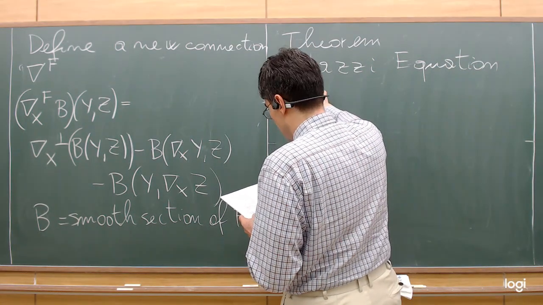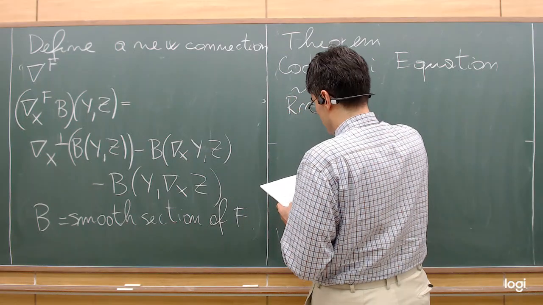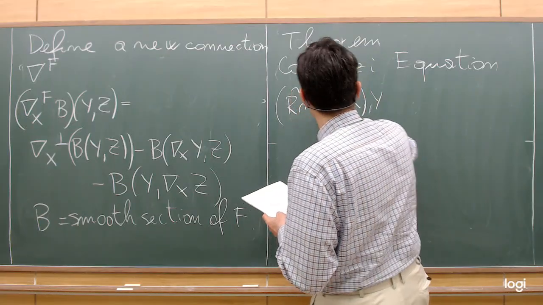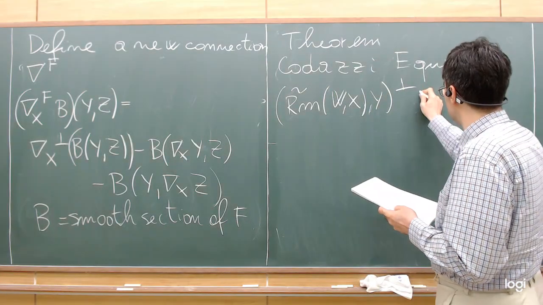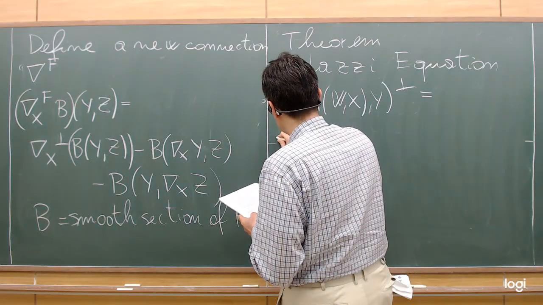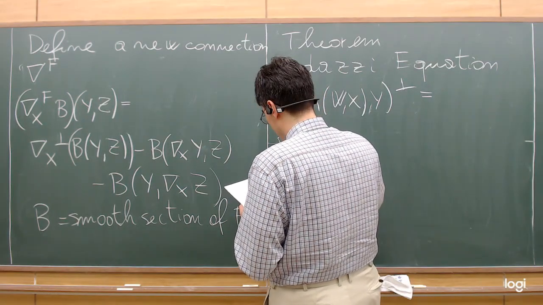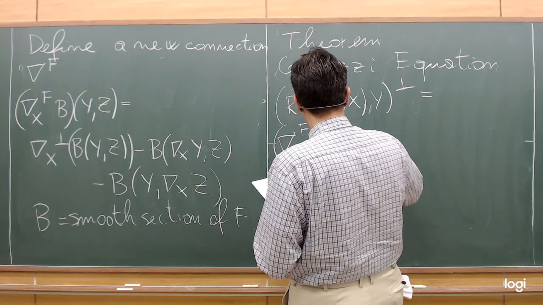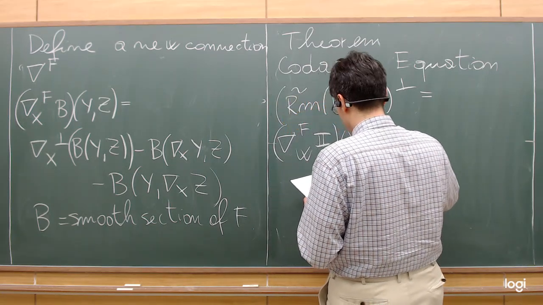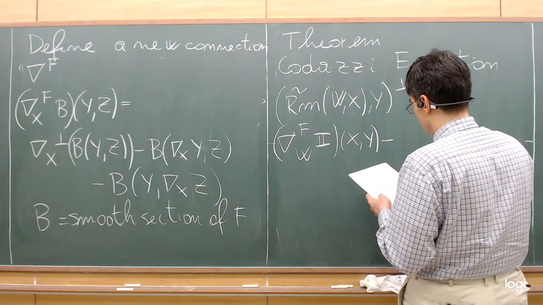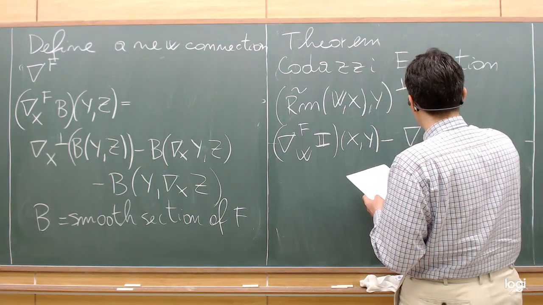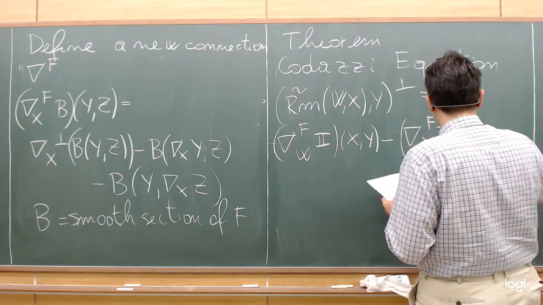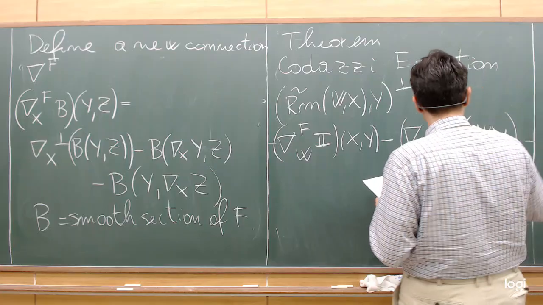the normal part of R tilde W x y is equal to nabla F W second fundamental form of x, y, minus nabla F x second fundamental form of W, y.